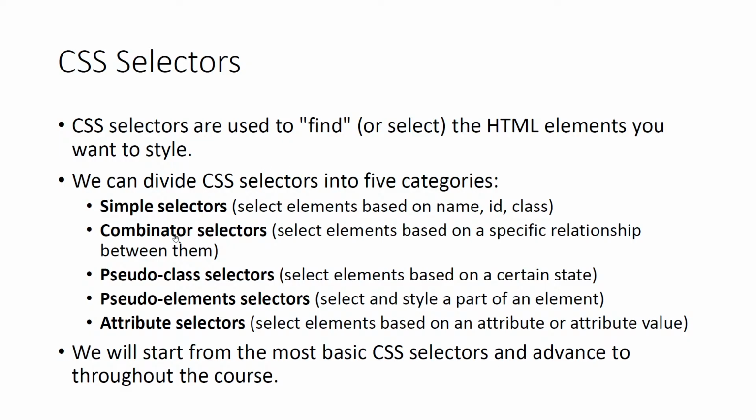Okay, so the second one is what we call the combinator selectors. In this case, let's say we are interested in selecting a particular tag, and there is what we are calling a relationship that exists between these tags.